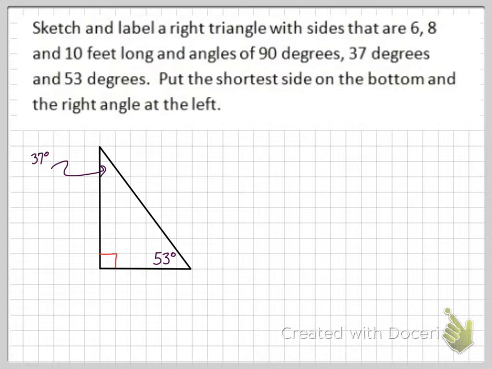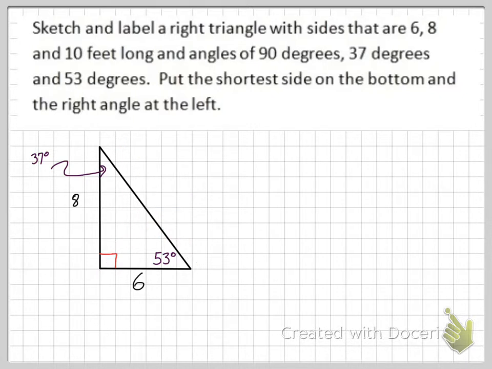Now we just need to put the 6, 8, and the 10 in all the correct places. Well, clearly, this being the shortest side, we know that that's going to be the 6. And now we have to decide where to put the 8 and the 10. Well, the 10 has to be the hypotenuse because the hypotenuse, or the side opposite the right angle, is always the longest side.